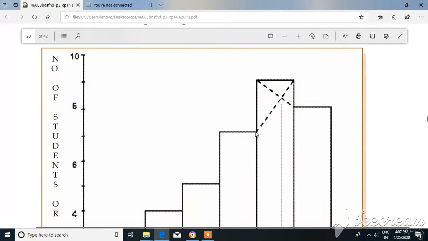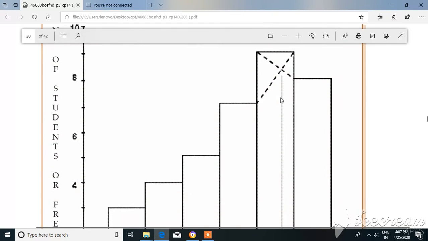Consider this line. Here are the lower limit and upper limit of the previous class, the lower limit and upper limit of the corresponding class, the lower limit of the succeeding class, meaning the next class, and the lower limit of our considering class. So this point gives you the mode of your data, right?